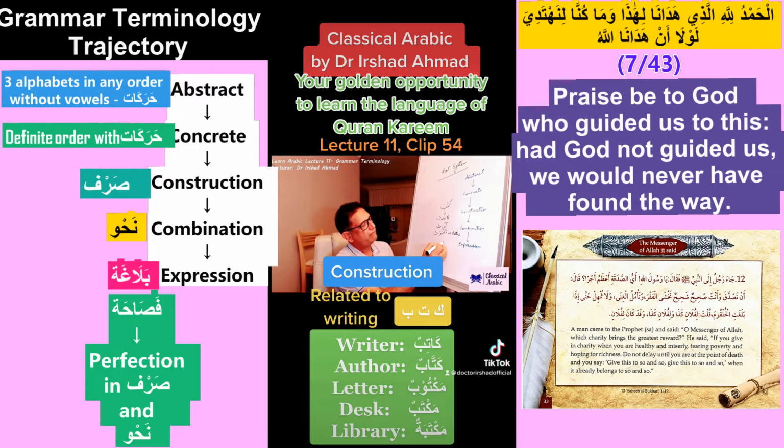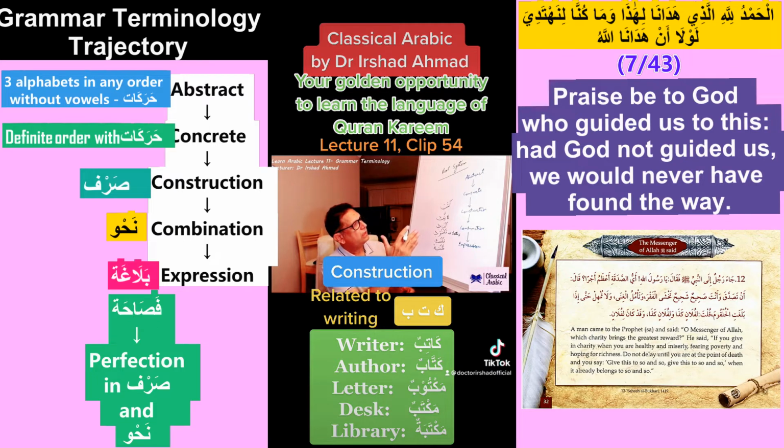Then we have maktabun. Maktabun means desk, or in modern use an office where a lot of writing takes place. And then from there we can have maktabatun, which means library, where again a lot of writing takes place, and it's also used for university or college.